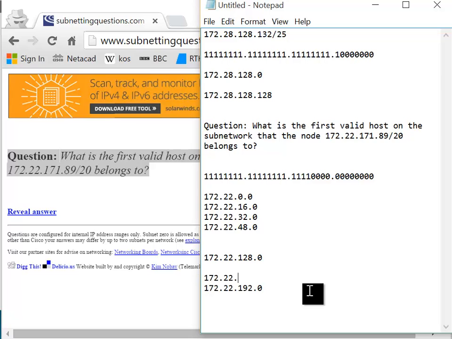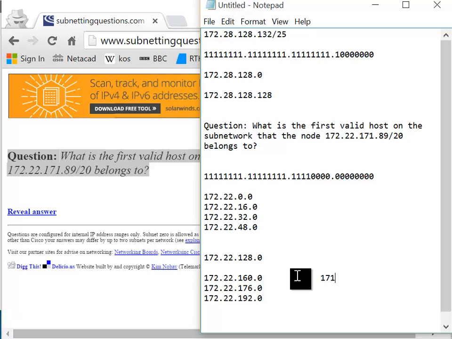172.22. So 192 minus 16 is 176: 172.22.176.0. Now 176 minus 16: 172.22.160.0. We continue until we find between which networks the host falls. So 171 is between 160 and 176, somewhere in the middle here.